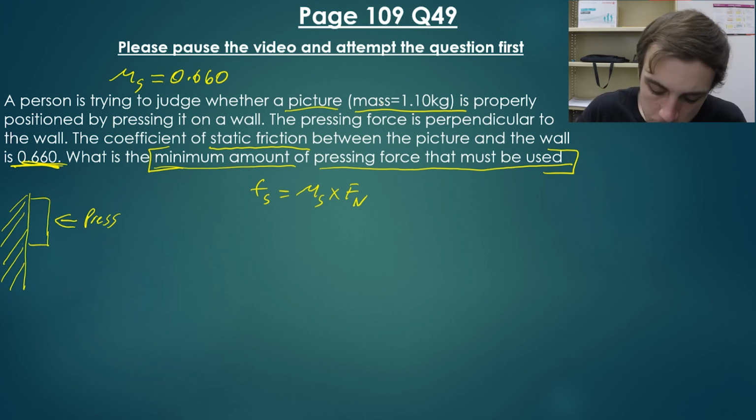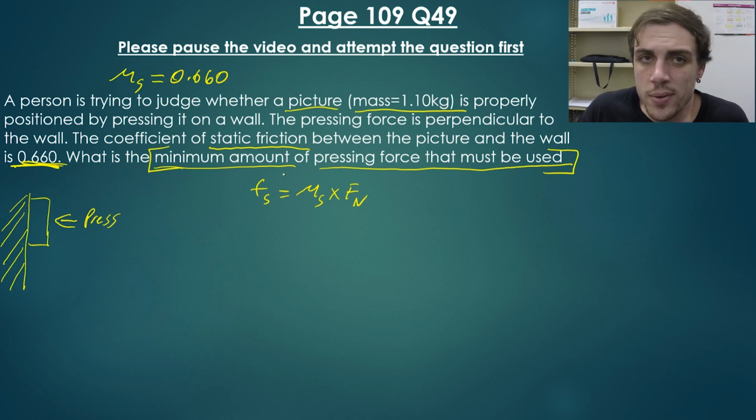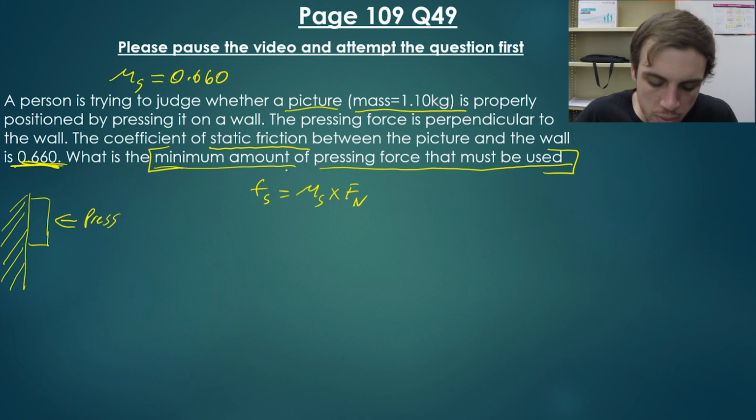So that's fine, that's cool. Now, the coefficient of static, so the static coefficient, we have been given. Sweet. So what's the amount of friction that we have? Well, we don't know. But we can find out, because we want to apply enough force onto this picture frame here to stop it from moving.